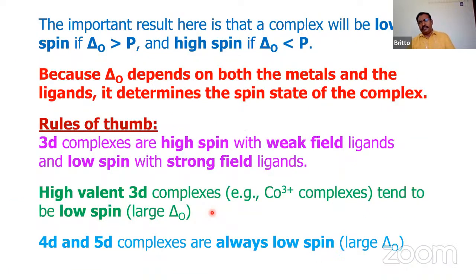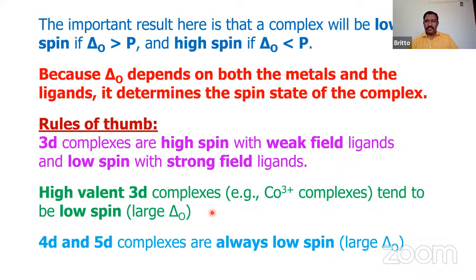Now this also we know: if Δo, the gap between the t2g level and the eg level, is higher, when a strong ligand approaches it increases the splitting gap. So if Δo is high, we get low spin.